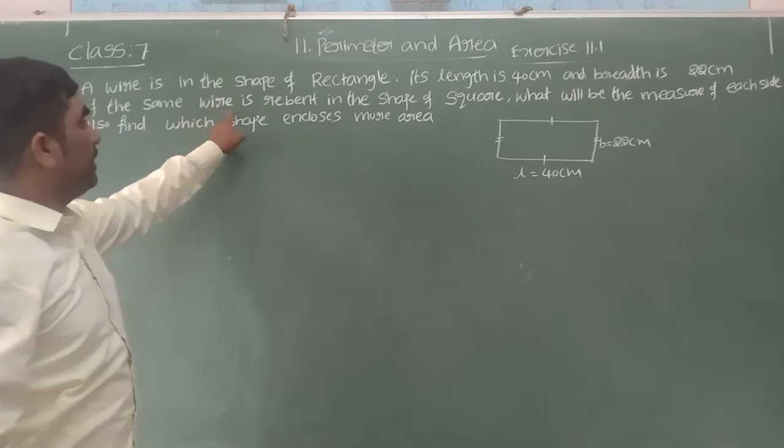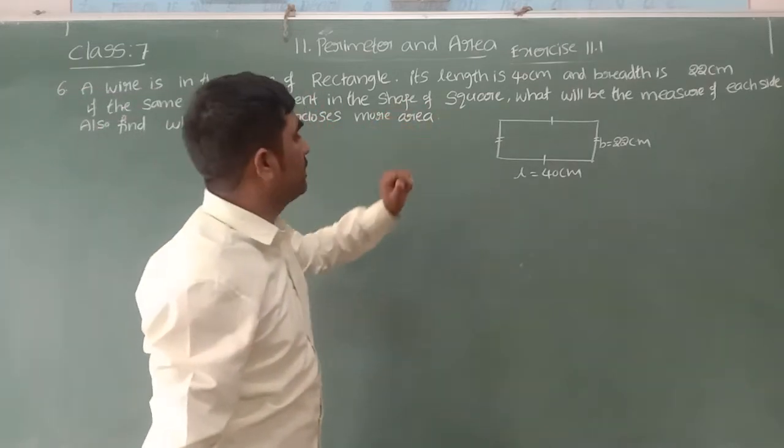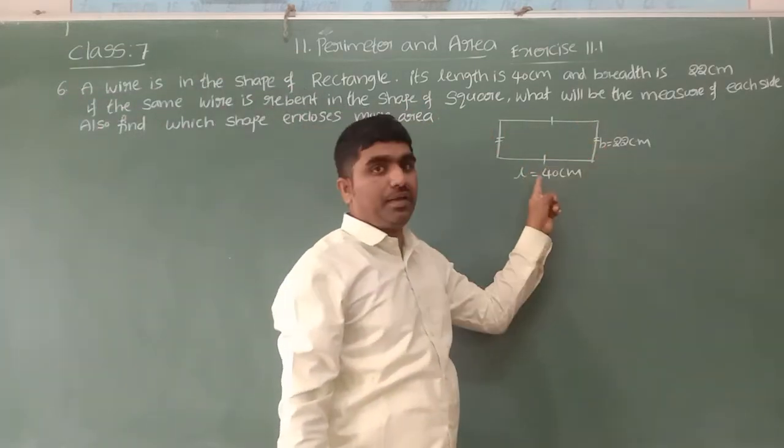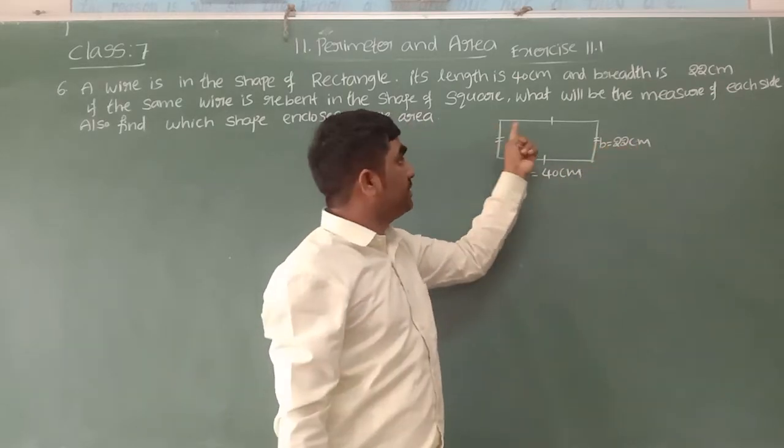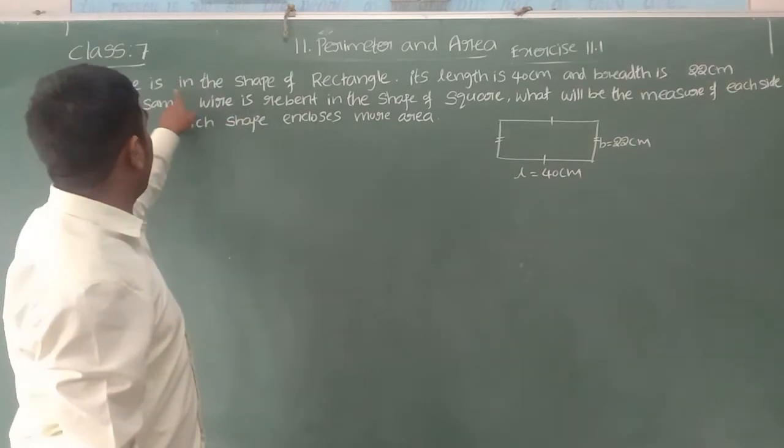If the same wire is rebent in the shape of a square. See, actually it is a rectangle, length 40 centimeters and breadth 22 centimeters, and this is the rectangle made by a wire.